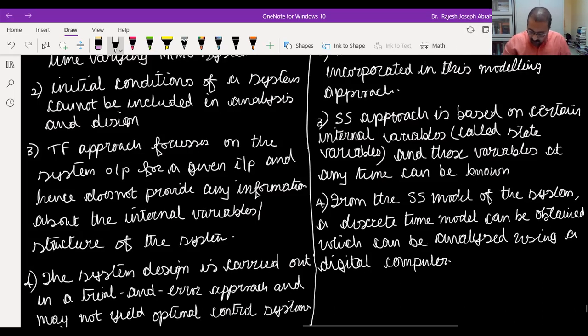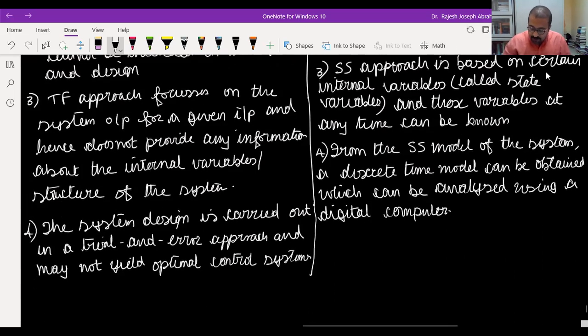And as the last point, using the state space approach, the optimal control system can be derived for a given performance index.